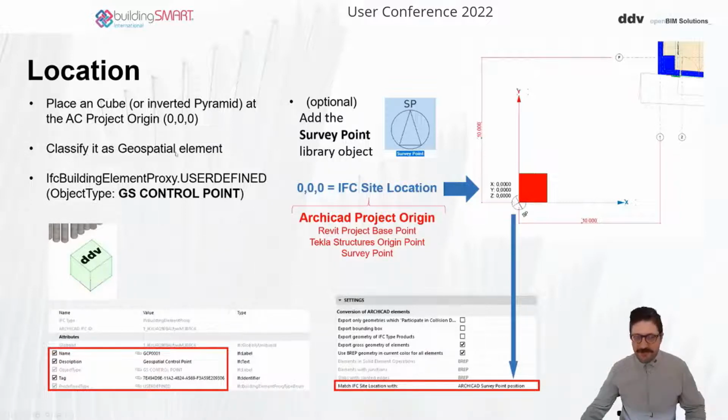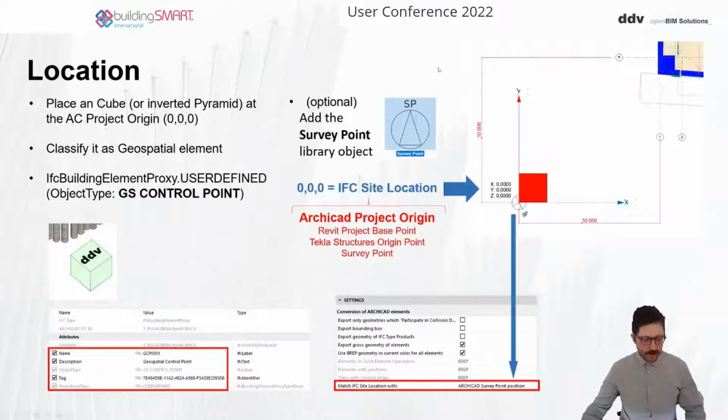We also suggest you classify it as a geospatial element, and you can use a more granular way of identifying that object in the IFC schema, which is establishing user-defined as one of the enumeration options in the predefined type attribute, and then establishing the object type value as, for example, a geospatial control point. This is a quite good way to define that object.